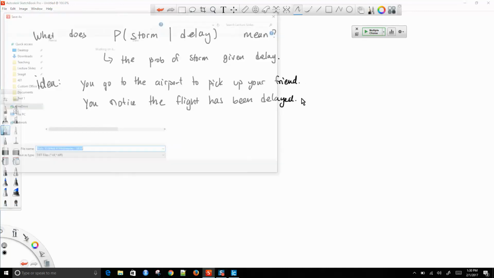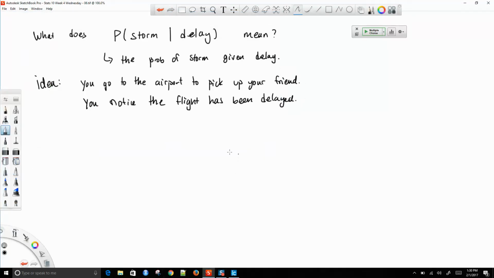And let's say you don't have your phone with you, so you can't check the weather report, and now you ask, what is the probability that there was a storm? Okay, that's kind of the general idea there. Does that make sense? So this is the probability of a storm if the piece of information that we know is that there was a delay.